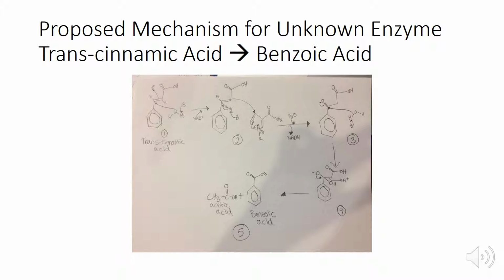The NAD comes in, and next you have the base deprotonate the hydroxyl group, which just attacked. The electrons collapse down to create a carbonyl, and that hydride attacks the NAD, kicking the electrons around the ring on NAD, and then your NADH leaves.